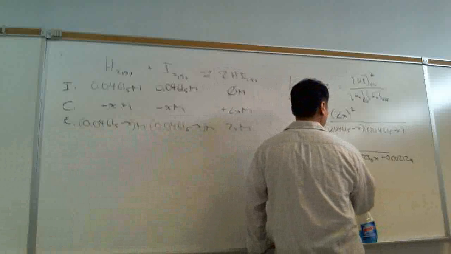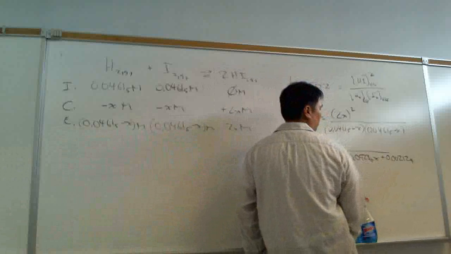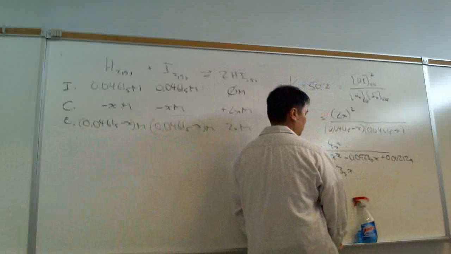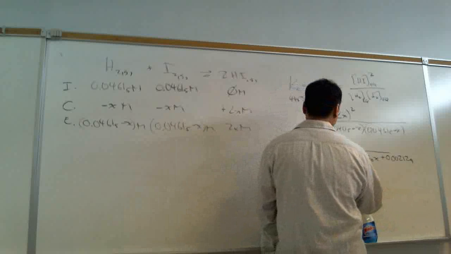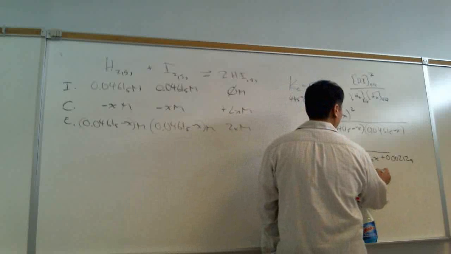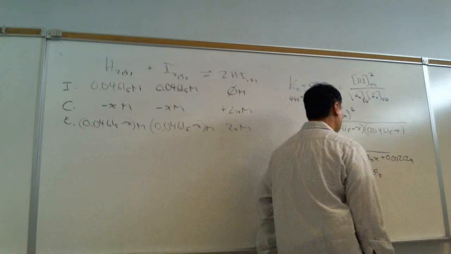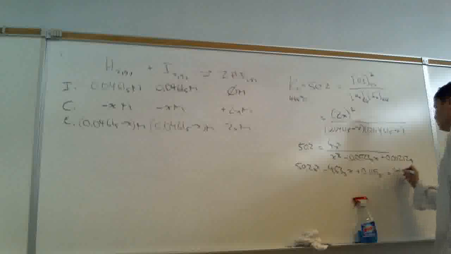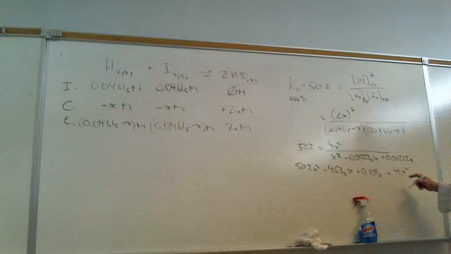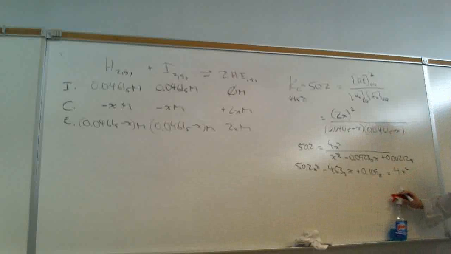X. What's 50.2 times 0.02129? 0.1098. This is equal to 4x squared. And then let's subtract 4x squared from both sides.